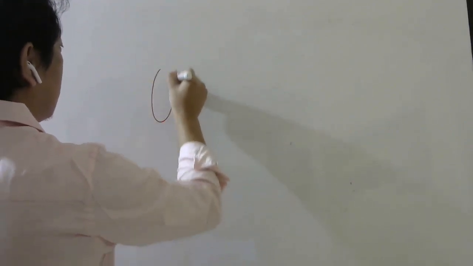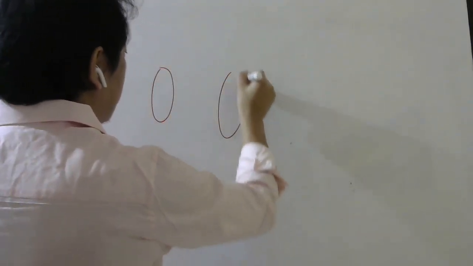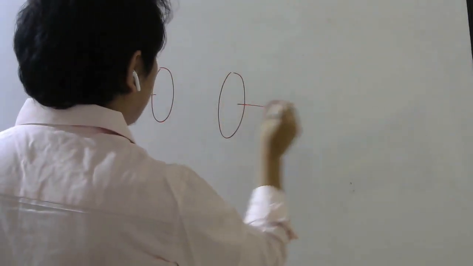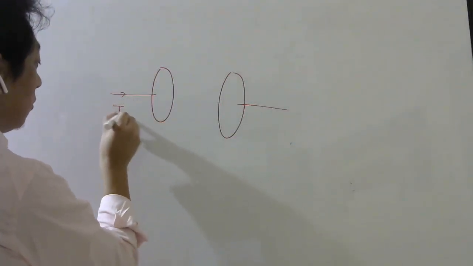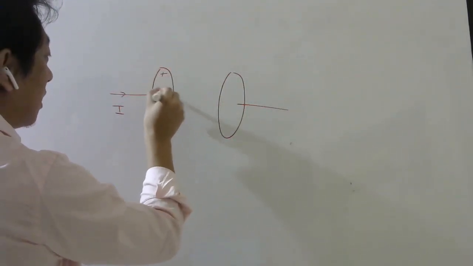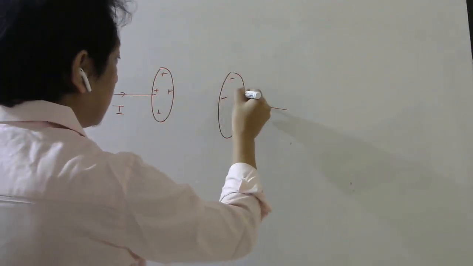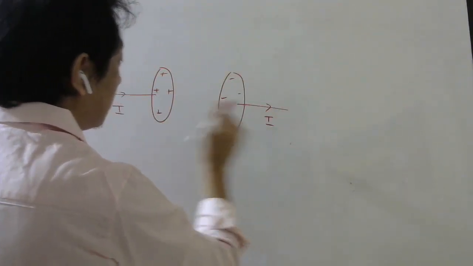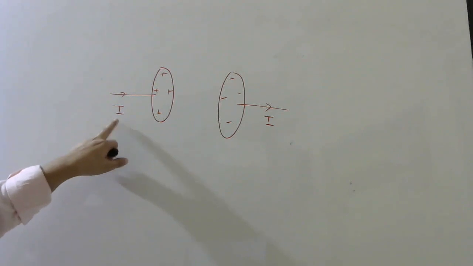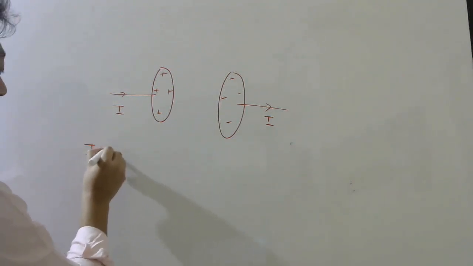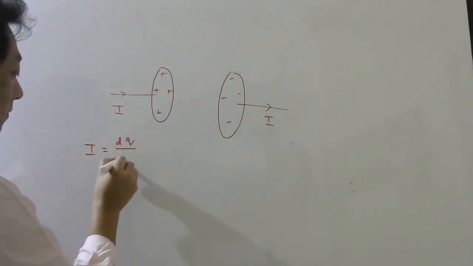Before that, let me give you another concept of displacement current. So in class we found that if you have, let us say, these are the two plates of a capacitor. When the current is flowing, the capacitor is getting charged. Now this is your real current. Real current means rate of flow of charge.